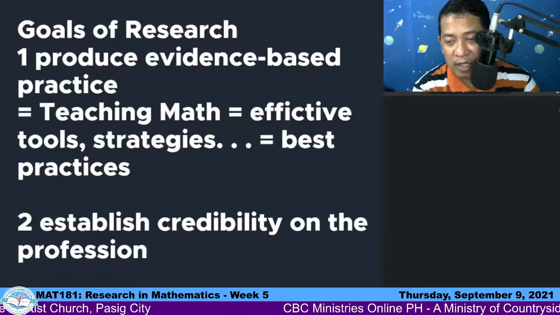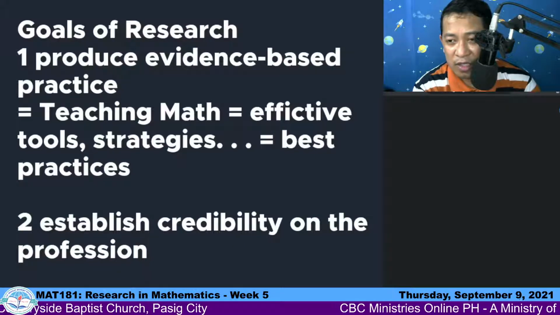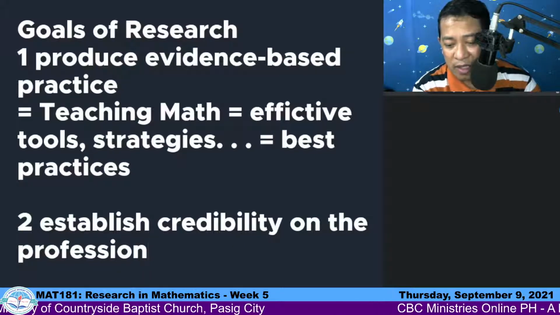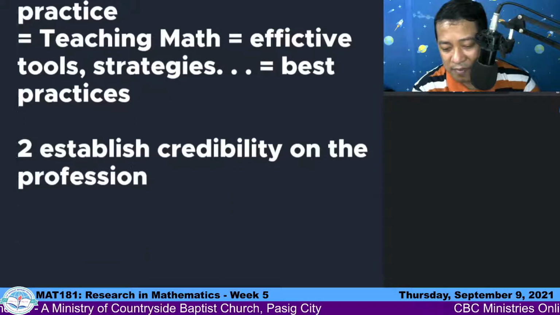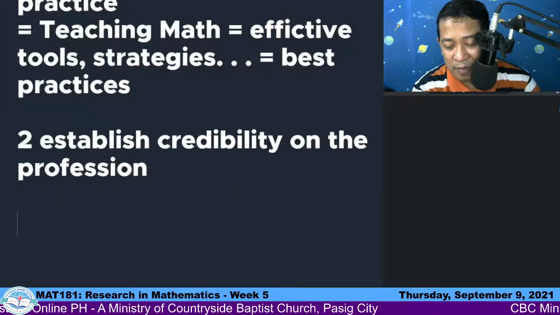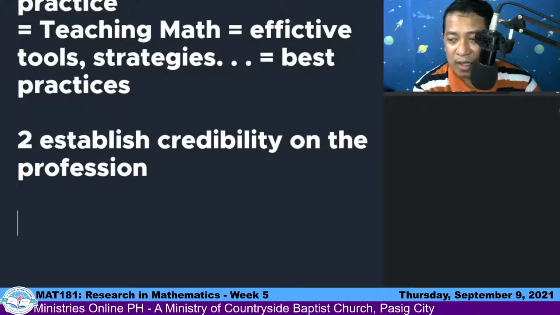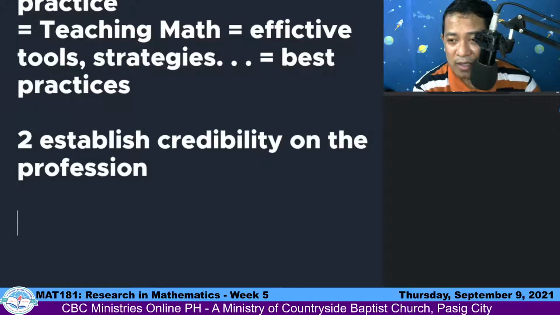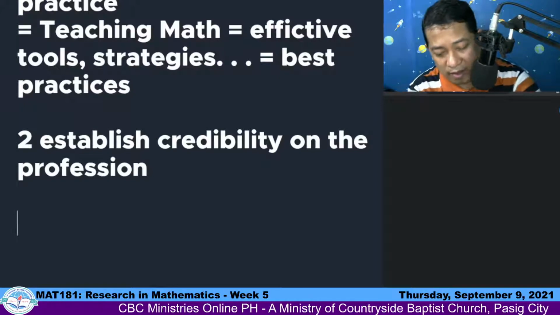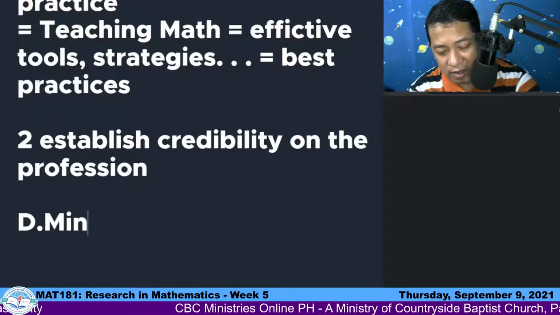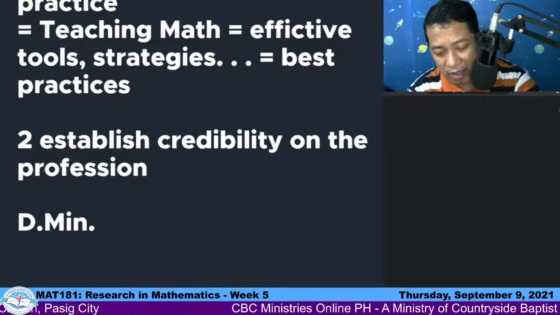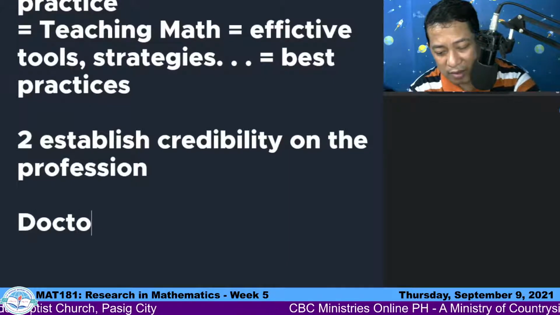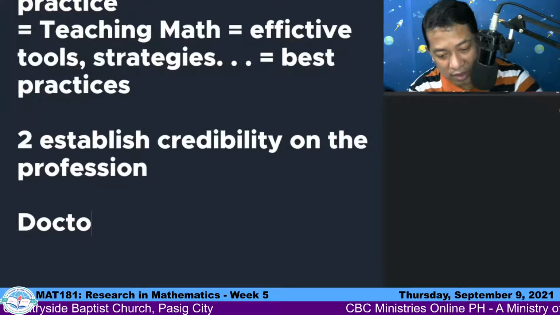For my case, my doctoral is in theology and ministry. So I have a credibility in discussing those items. So in my case, this is my post doctor of ministry. Now, this is just for example, this is not to brag myself.